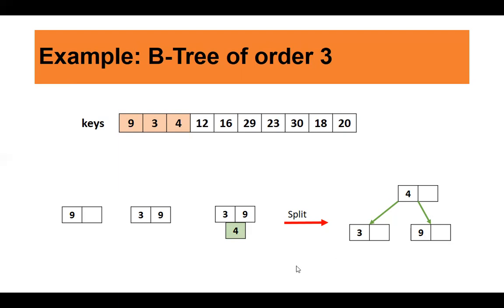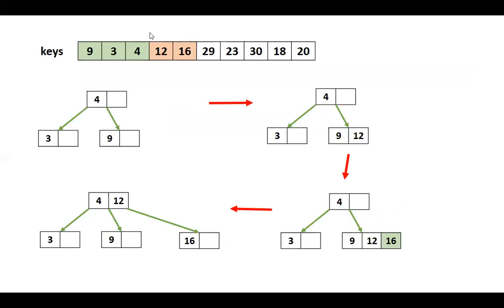Next you insert 12. Compare it with the root: greater than 4, greater than 9, so insert it here. Next you insert 16. Again compare: greater than 4, greater than 9, greater than 12, so it is inserted at the end.